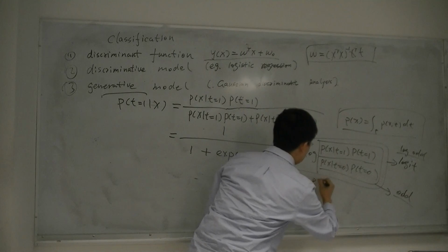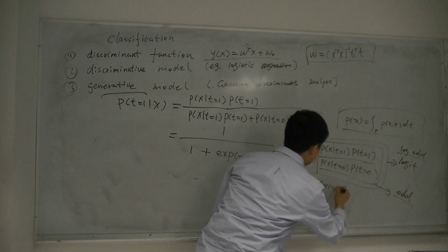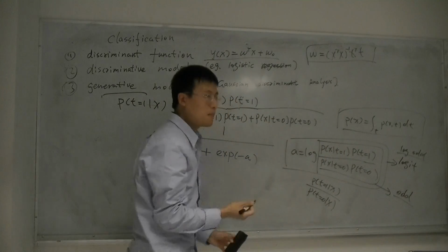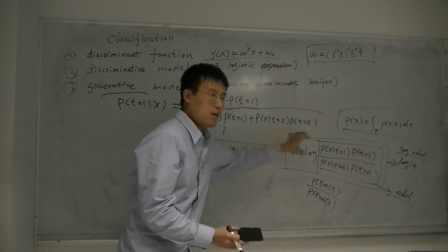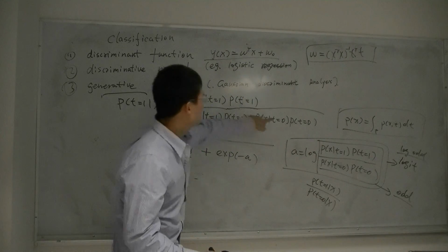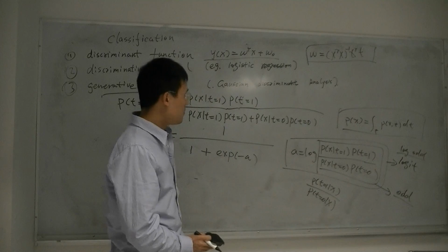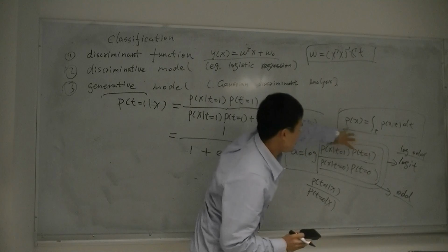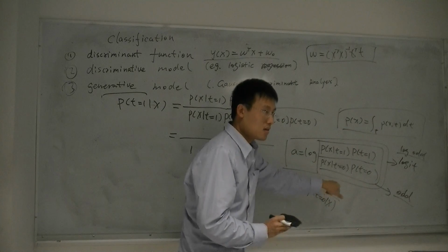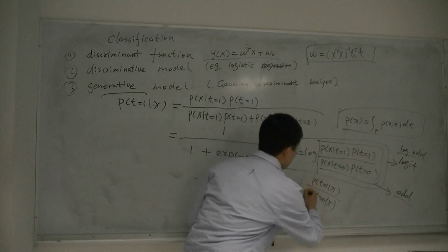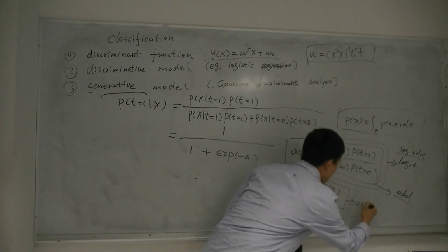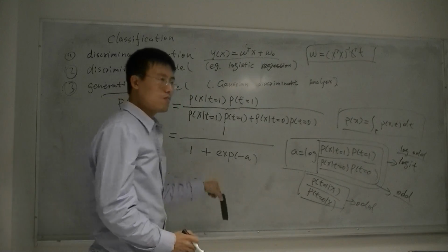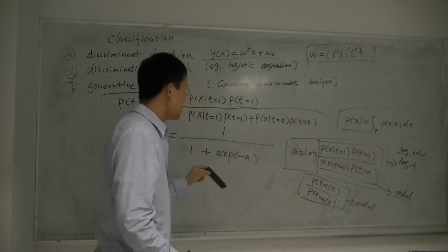This is just equal to p(t equal to 1 given x) over p(t equal to 0 given x), because they have a common denominator. If the numerator is over the denominator, the numerator is p(t equal to 1 given x). So this is the definition of the odds. Any questions?